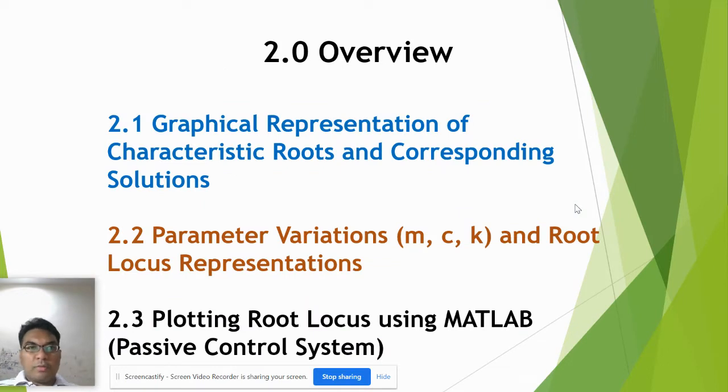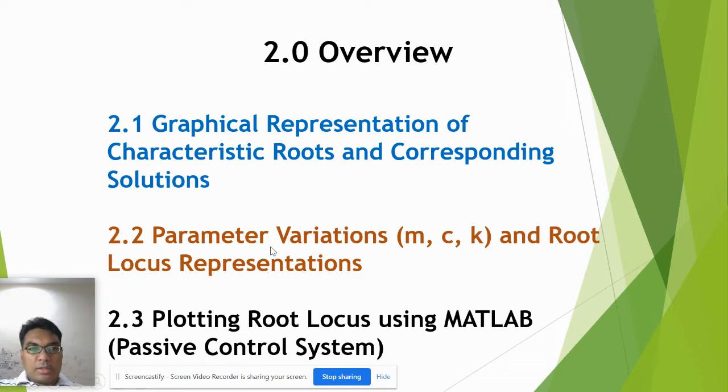As an overview, there will be 3 sections. Section number 1 is the graphical representation of the characteristic roots and corresponding solutions. Basically this was introduced previously by Dr. Iftisha, on how you can determine the stable and unstable regions of the graph in the S-plane.